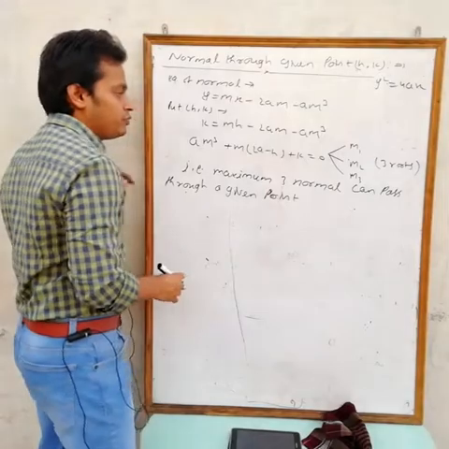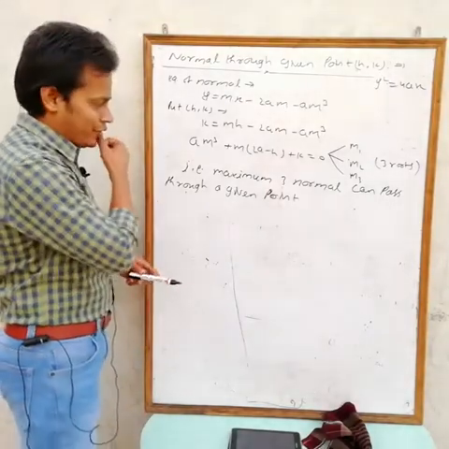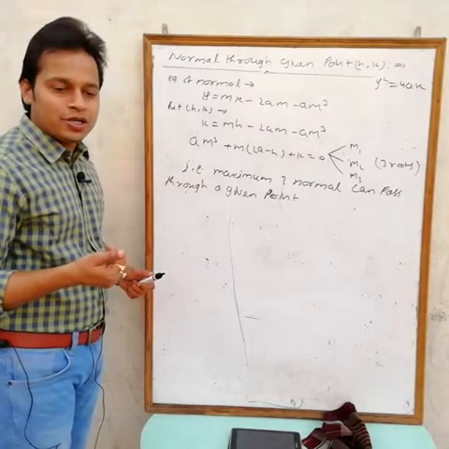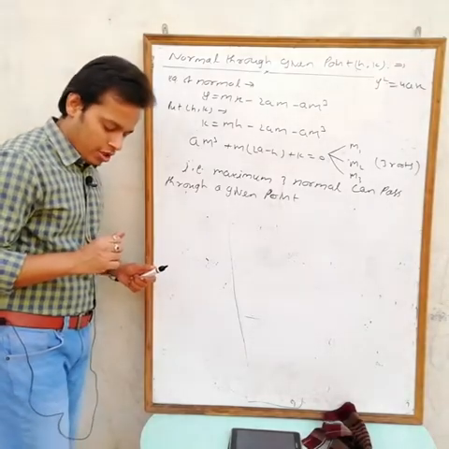Okay, so maximum 3 normals can pass through a given point. Now this thing is clear. How many maximum tangents can pass through? 2 tangents, and normals are 3 normals.